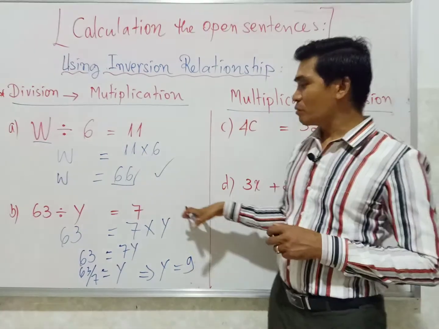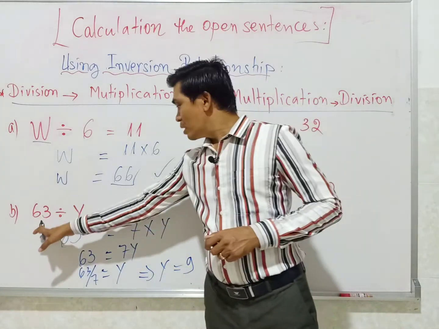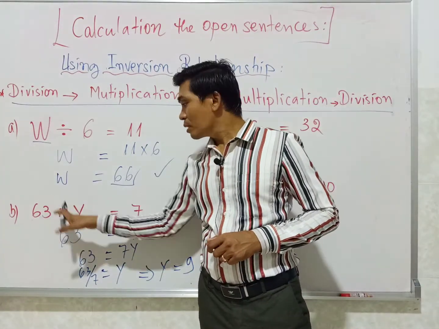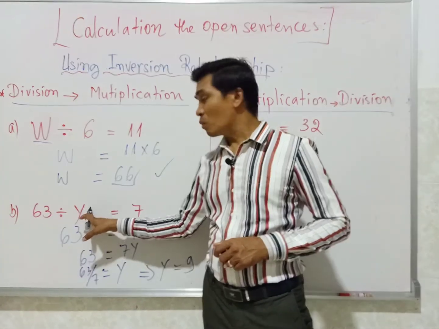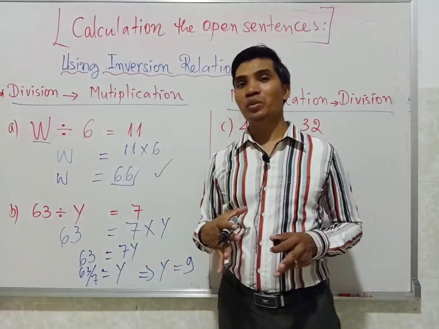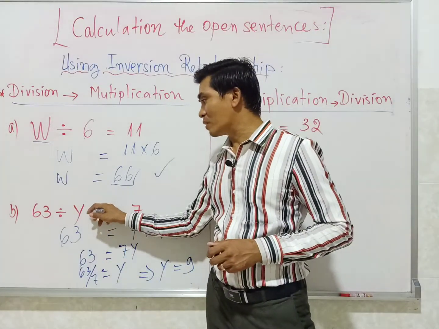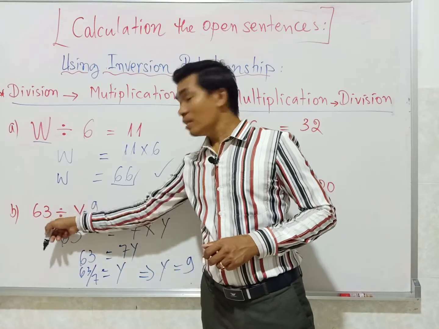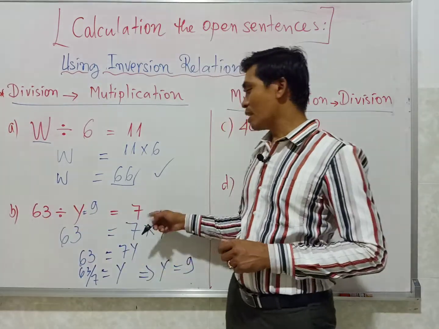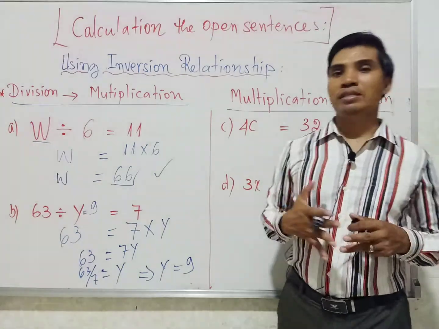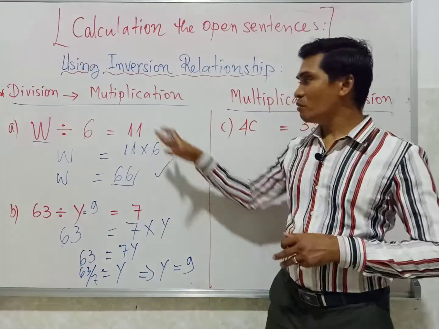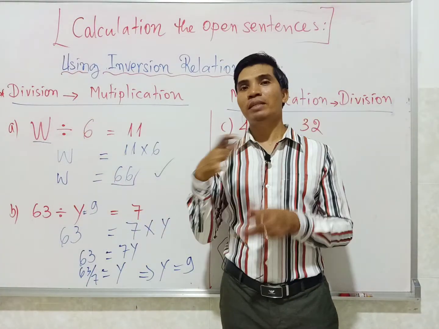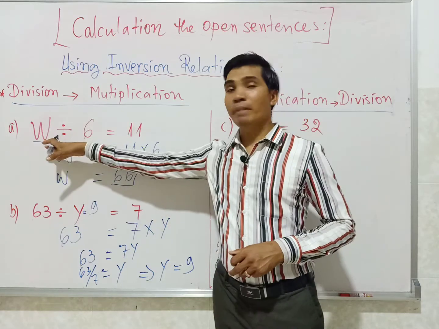When you check the result here, we have found the value of y already. y is 9, so 63 divided by 9, the result is 7. So here in division we use the multiplication rule to find the value.